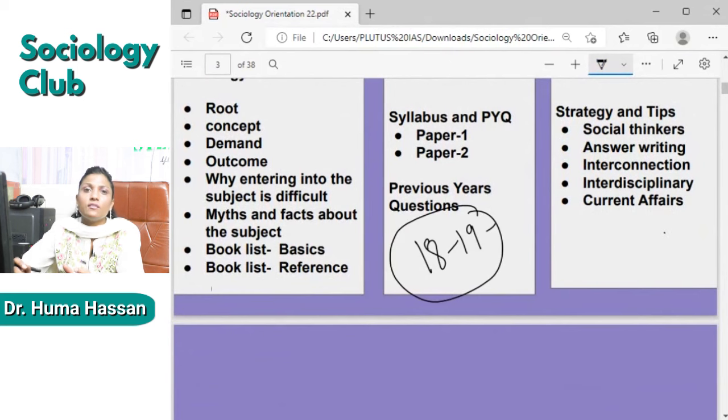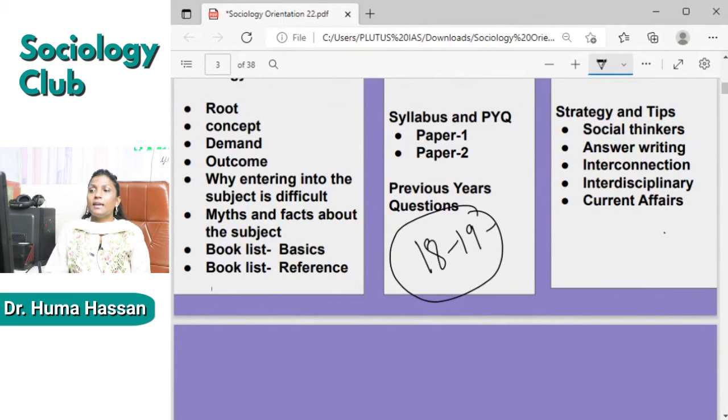The basic difference one should understand, when you try to understand the epistemological understanding of sociology, before reading such heavy books and concepts, and even though you have so much information available on the internet, you must understand what is new in it.